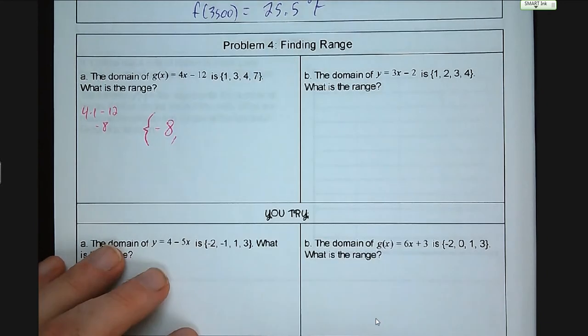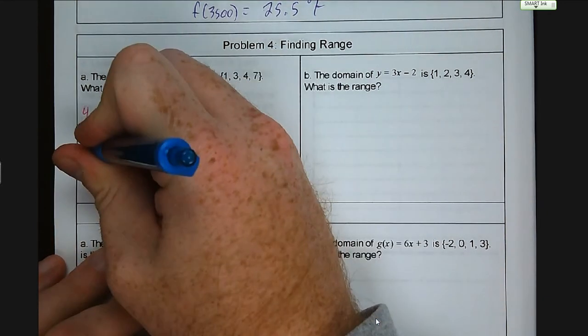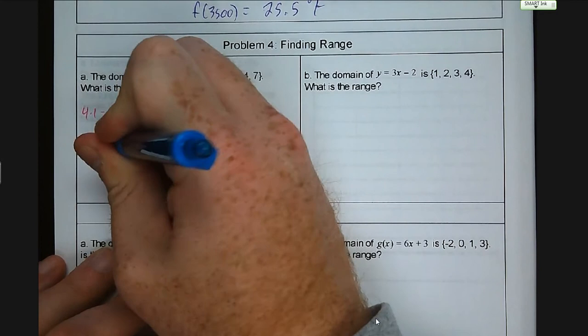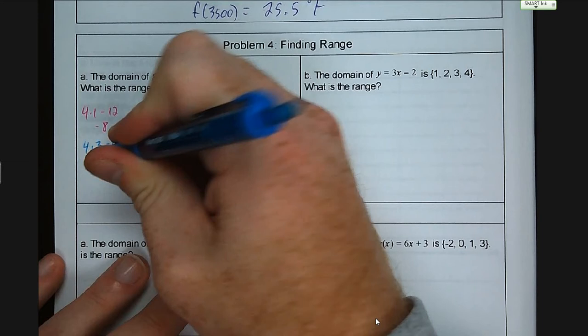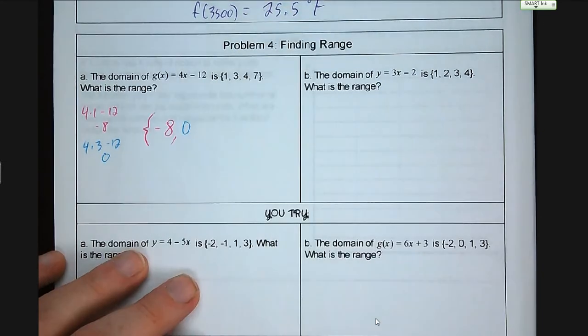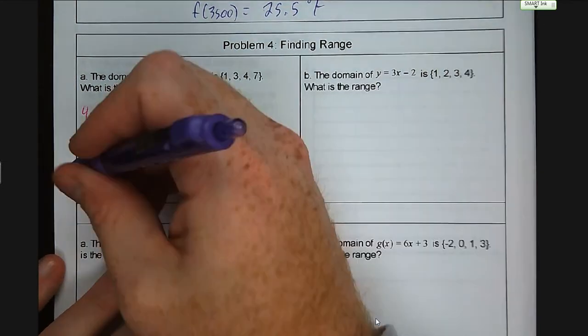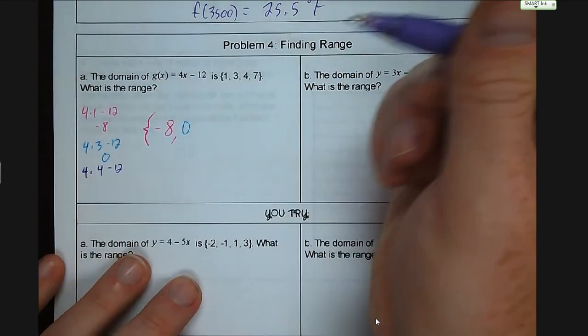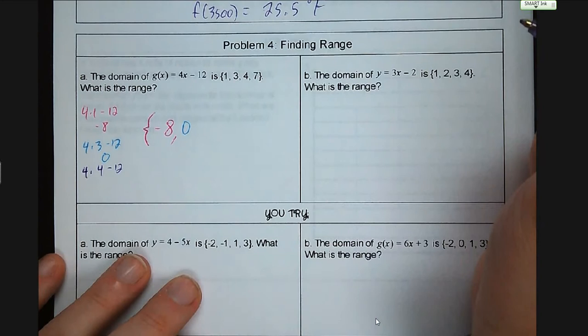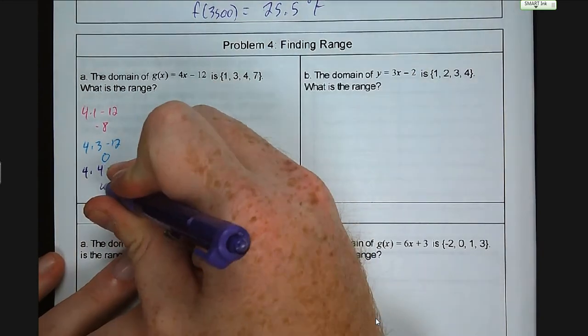My next point is 4 times 3 minus 12. Well, 4 times 3 is 12, minus 12 is 0. So my next point is 0. 4 times 4 minus 12. Well, 4 times 4 is 16, minus 12 is 4.